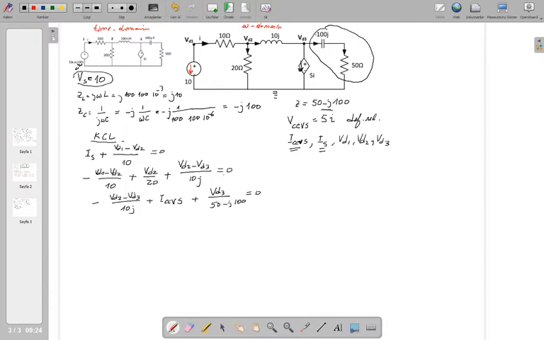This element voltage is the same as this node voltage since this is ground, isn't it? So VD1 minus 0 gives you this voltage. Don't write that minus 0. So the first supplementary equation: VD1 is equal to 10.